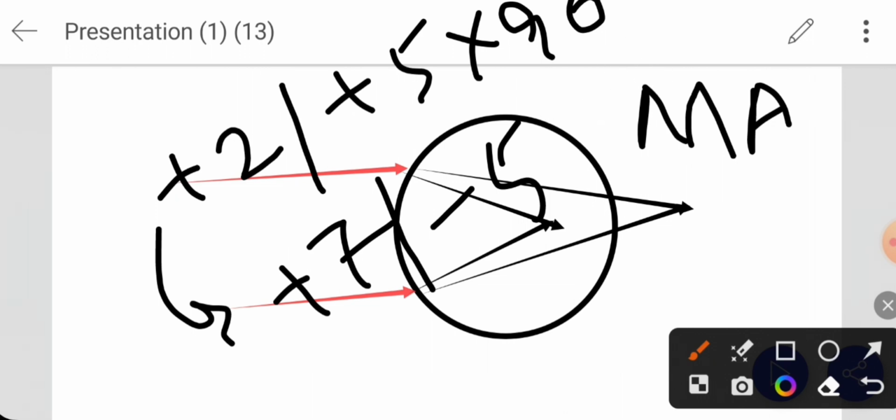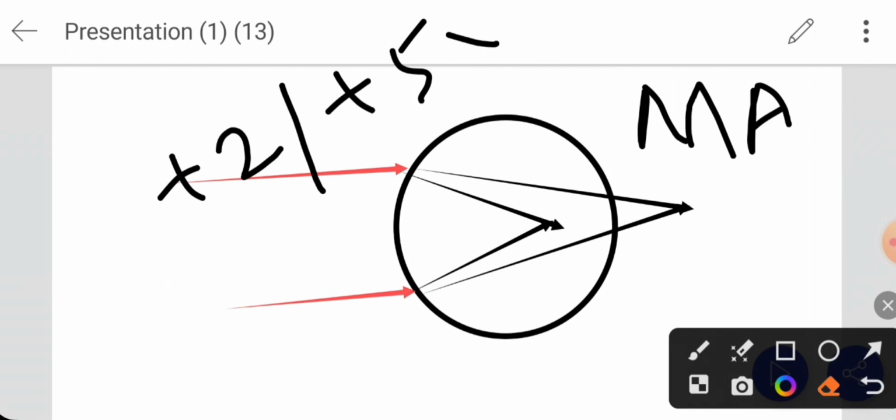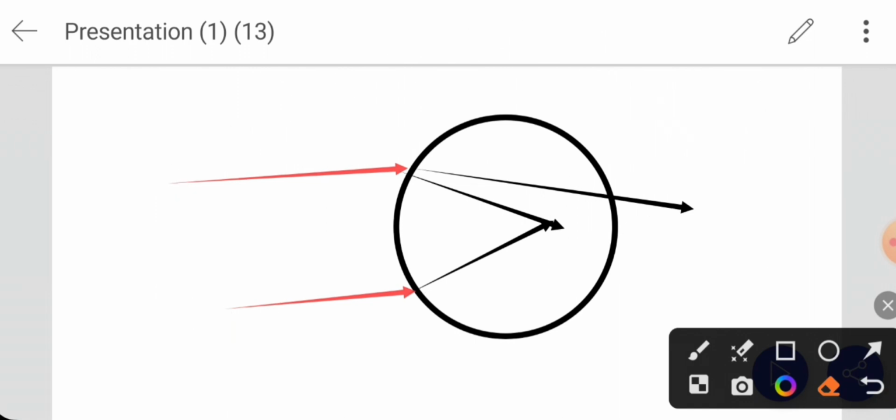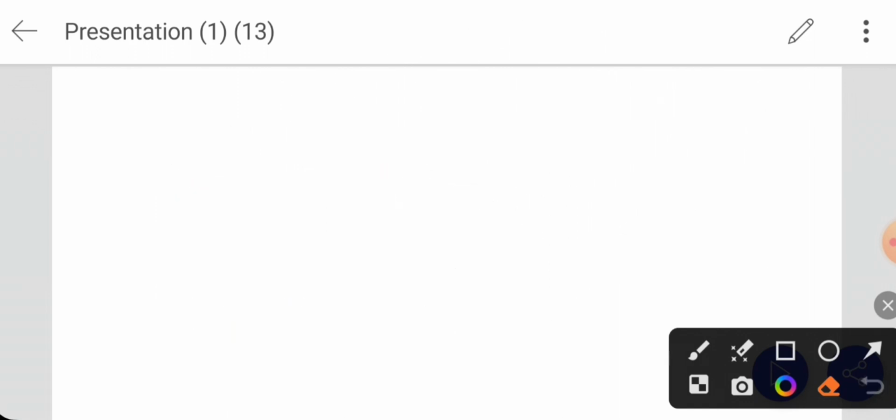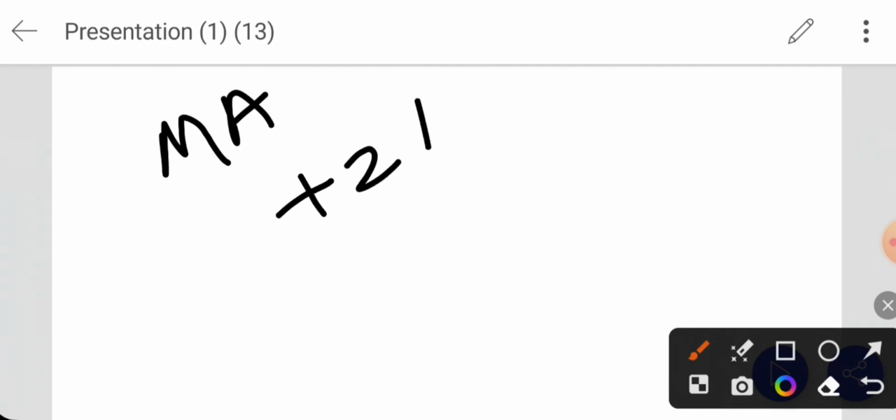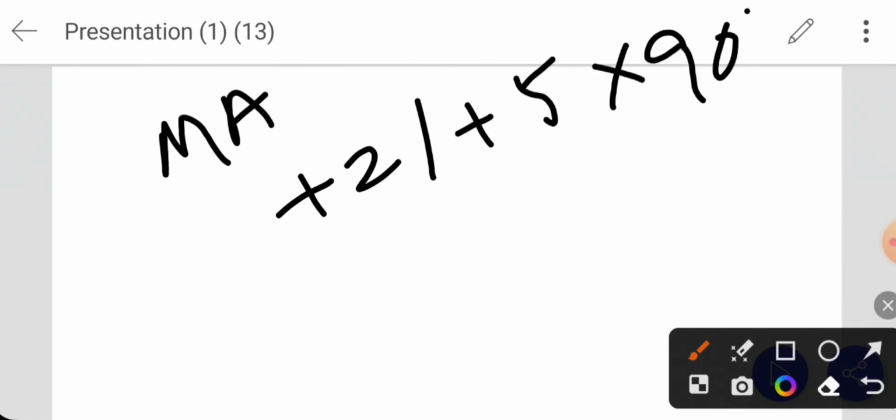Here, wait, because it is showing quite haphazard, right? So let me give you the example of mixed astigmatism. What I gave you here is +2 +5 at 90 degree.